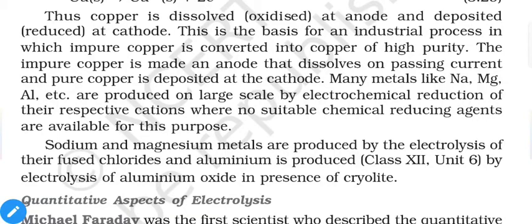This is the basis of an industrial process in which impure copper is converted into copper of high purity. Impure copper is placed as the anode, and a thin wire of pure copper is used as the cathode. The impure copper undergoes oxidation at the anode, and the copper metal dissolves in the solution.